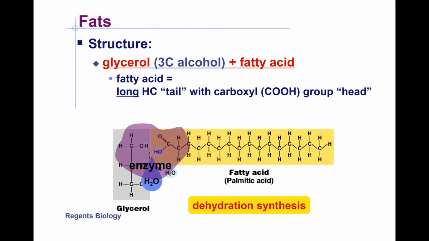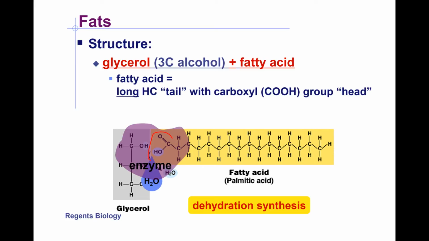Okay, so starting with fats, structurally fats are made up of two main parts, a 3-carbon alcohol, which is called glycerol, and a fatty acid tail. Now, how many fatty acid tails just depends on what kind of fat we are talking about. So the fatty acid tail is a long tail of hydrogen carbons or hydrocarbons, and it gets the acid name because at the very front of the tail it has a carboxylic group, and carboxylic groups are acids in chemistry and in biology.